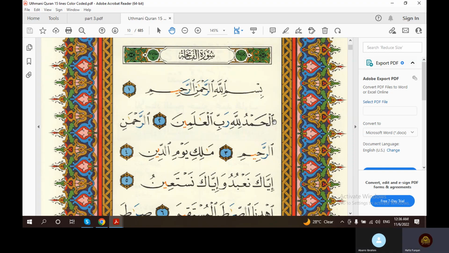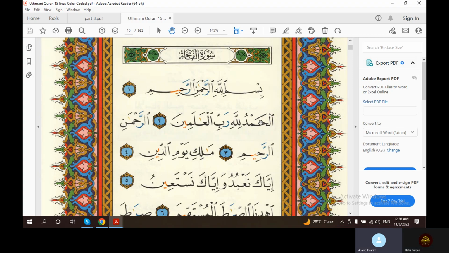The next thing is Lam at-Tarif. When do we read Lam at-Tarif? We look at Lam at-Tarif and the letter after it, the next letter we have to check.